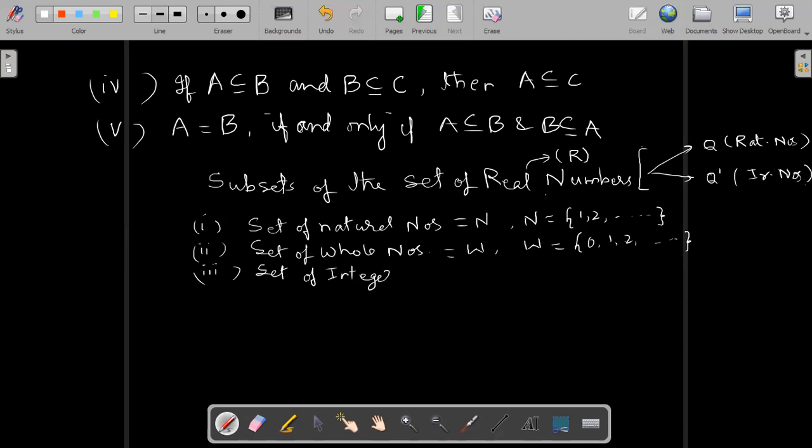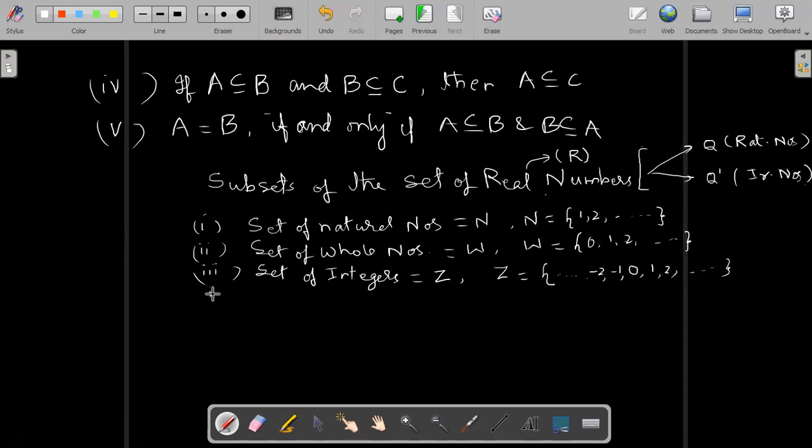The set of integers is denoted by Z. And Z is equal to, we can write, 0 and to the right hand side all positive numbers going up to positive infinity, and on the left hand side -1, -2 up to infinity. So like this we can write. This is also a subset of real numbers.